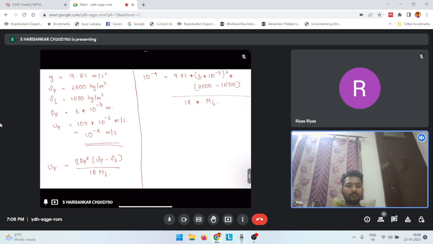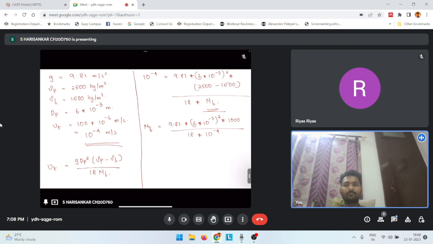In this we need to find the viscosity mu f. If we rewrite this, mu f is equal to 9.81 into 6 into 10 raised to minus 3 the whole square into 2500 minus 1500, that is 1000, by 18 into 10 raised to minus 4.